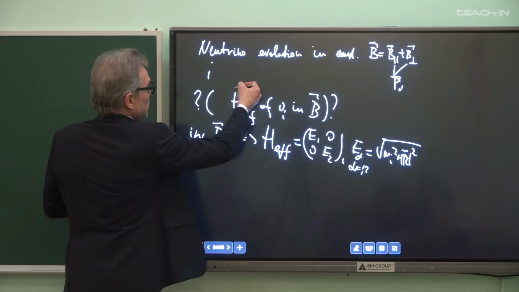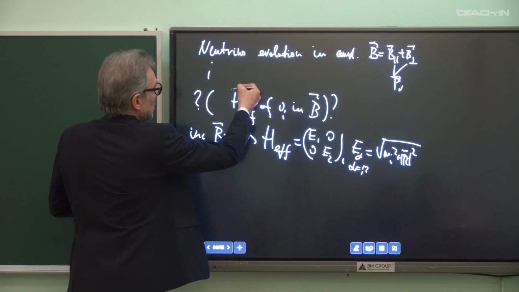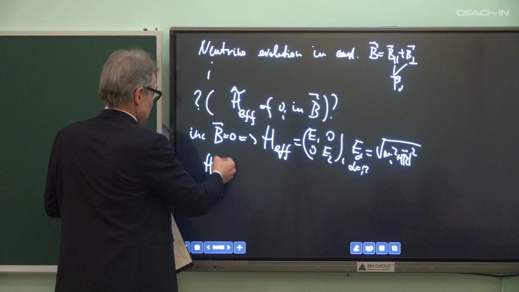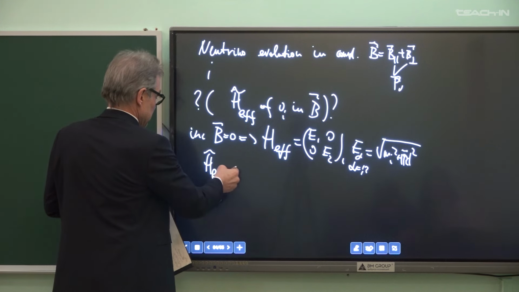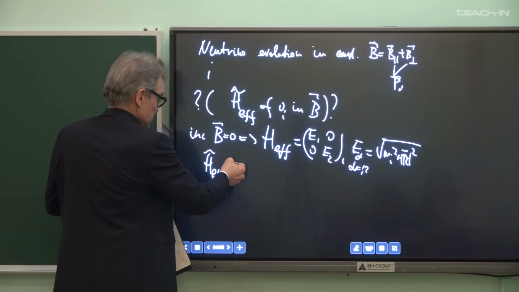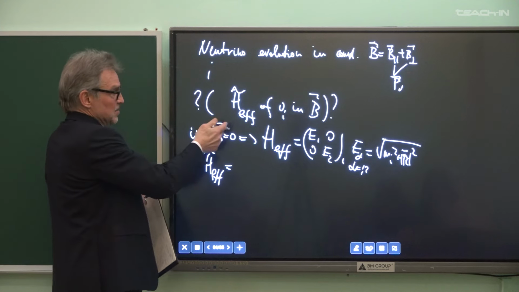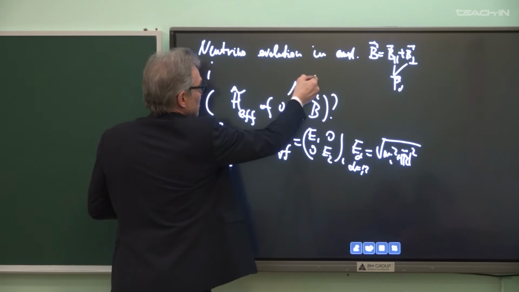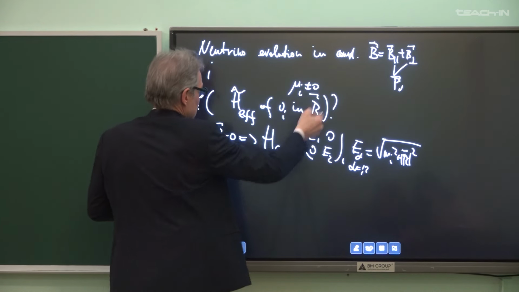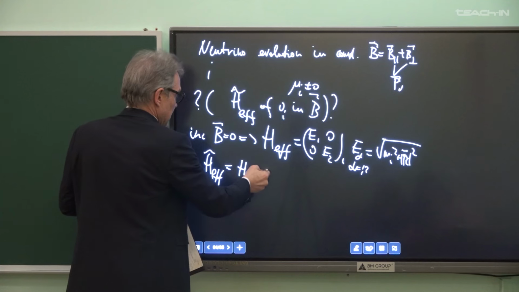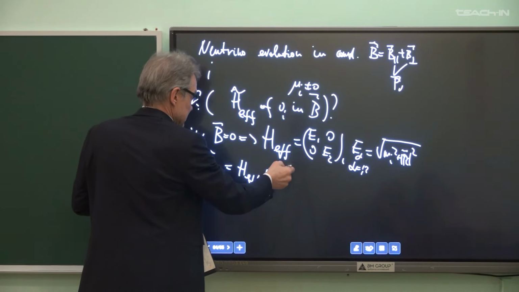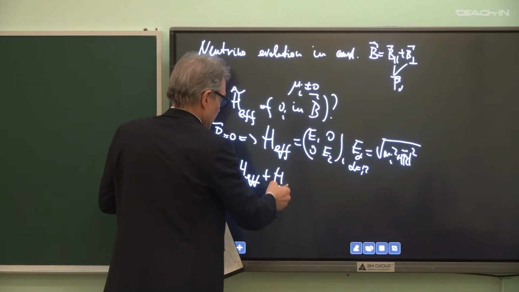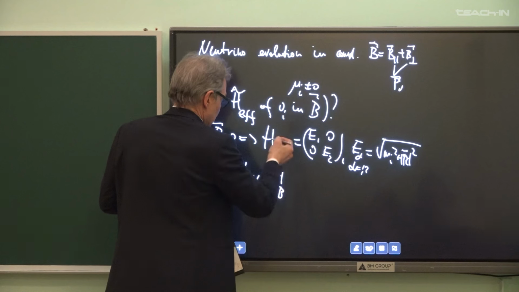And here I put like this, and we expect and can guess that in case of the presence of interaction of neutrinos with a magnetic field, due to non-zero magnetic moment, an additional term will appear, plus, let's call it B, or mu B, as you wish, B in magnetic field.